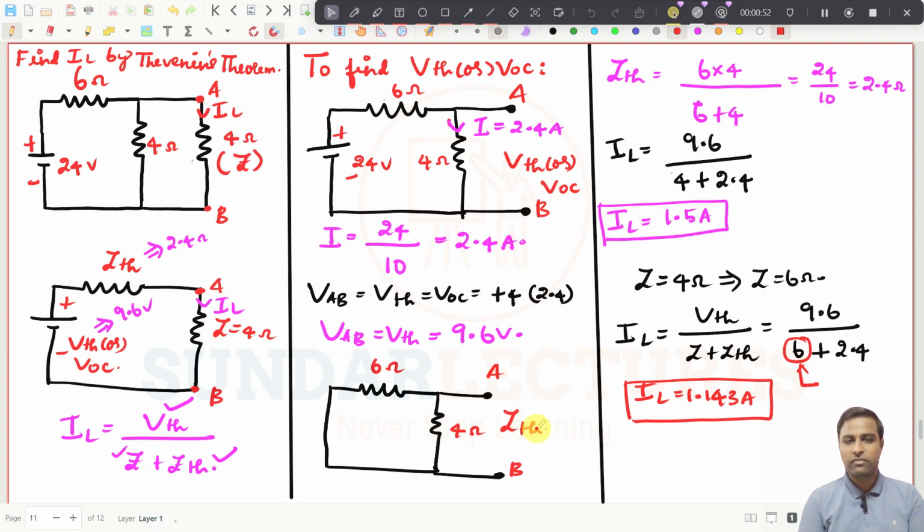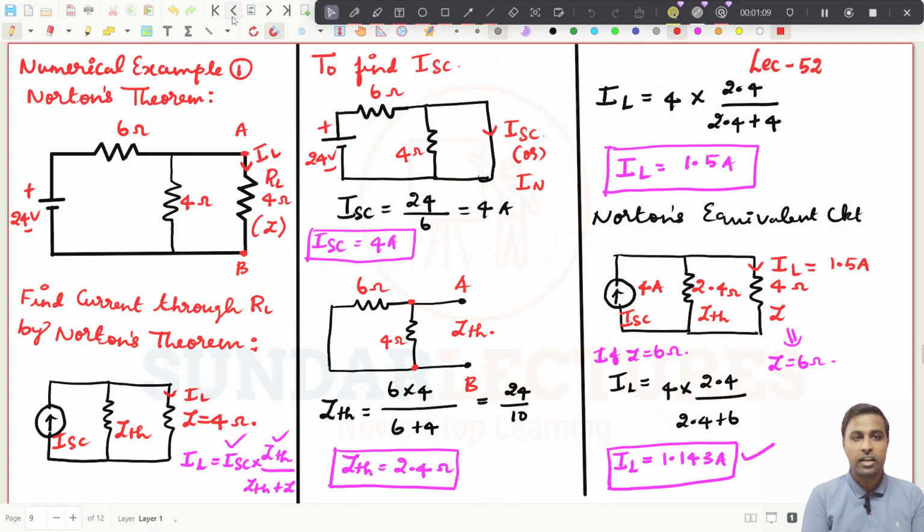See what ZTH we have got here. The circuit we have taken in both cases is the same. The ZTH we have found is 2.4 ohms in the Thevenin's theorem procedure. In Norton's theorem also ZTH is the same 2.4 ohms, because if you open circuit this load resistance and find the equivalent resistance across these points, ZTH in both cases is the same, and it will be the same in any other problems also.